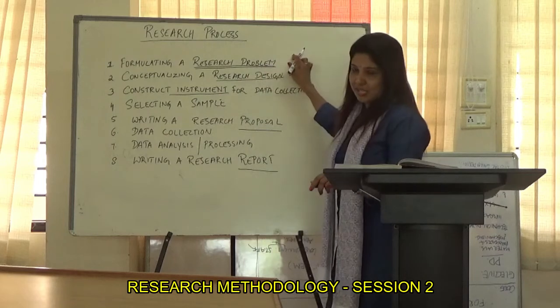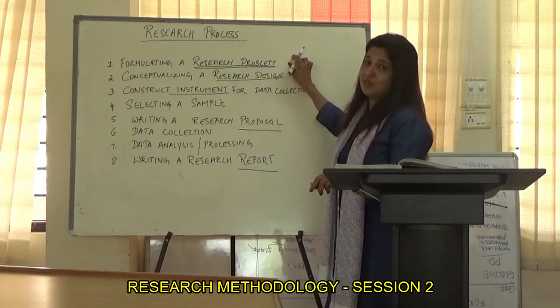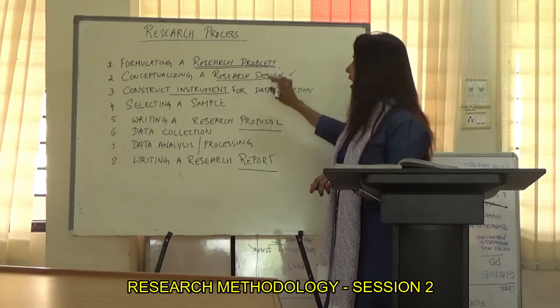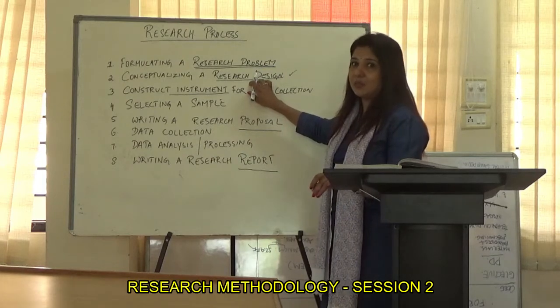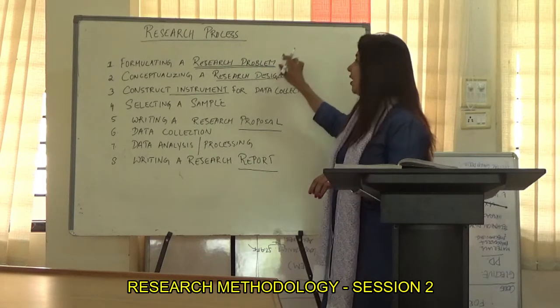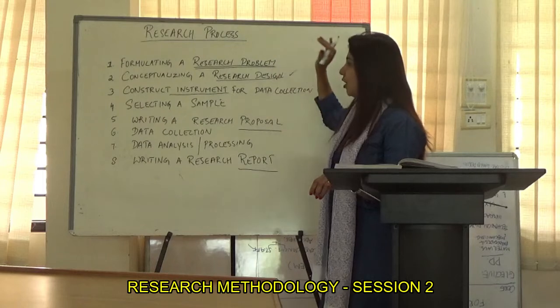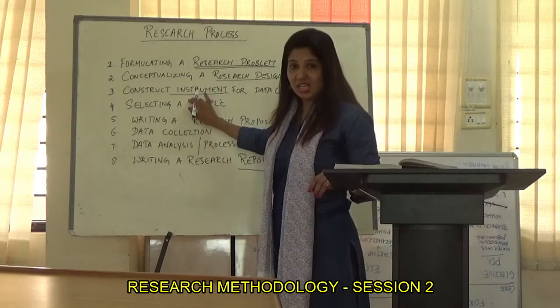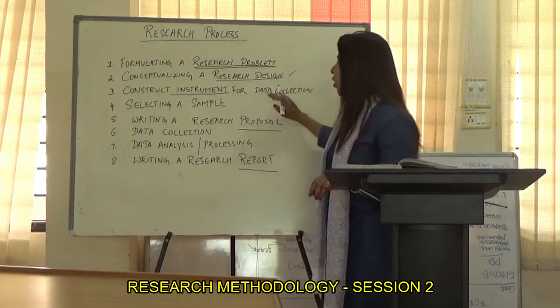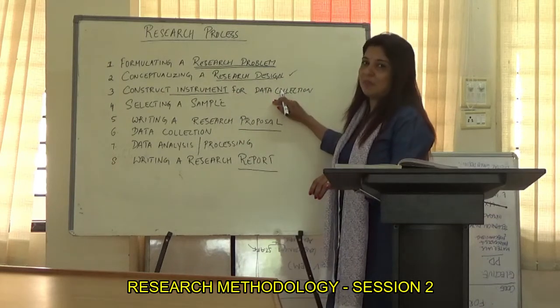So you have a research problem, you formulated a research problem, then you had a research design, you made a complete concept of your research design, how you are going ahead or how you are going to tackle your problem. For that, based upon the research design, you have constructed an instrument for data collection. So almost a preliminary step is completed with it.